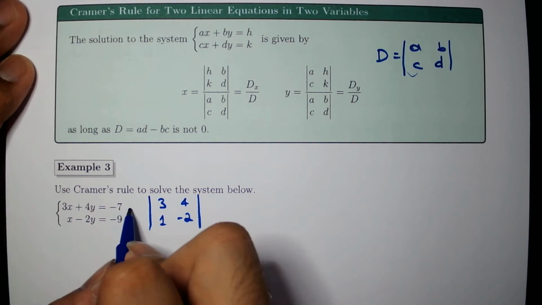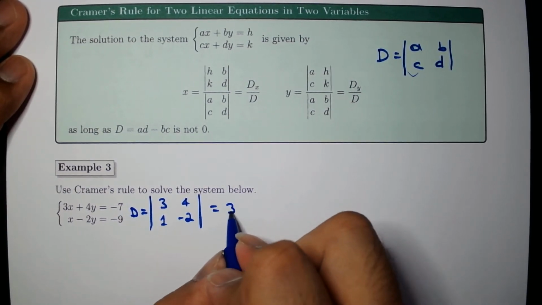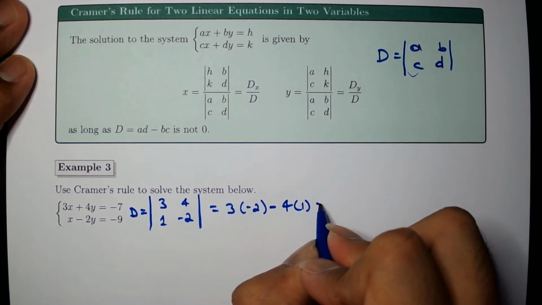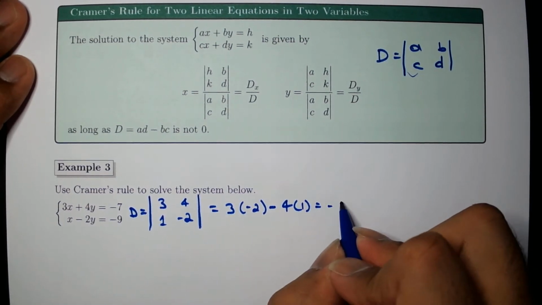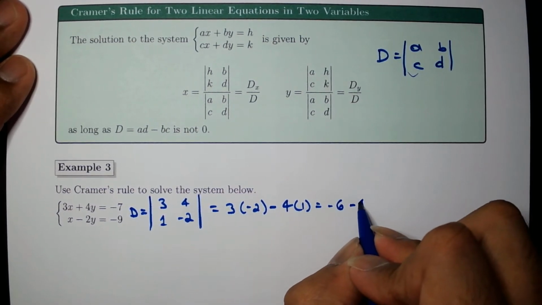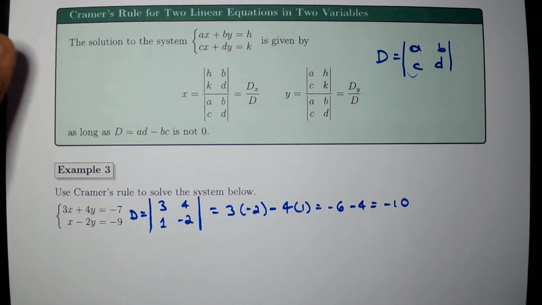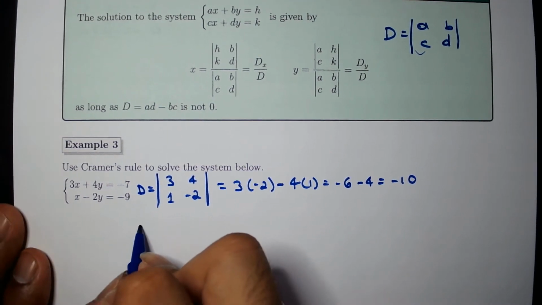That's D. Let's evaluate that: 3 times negative 2 minus 4 times 1, which is negative 6 minus 4, which equals negative 10. Now I need to evaluate dx.